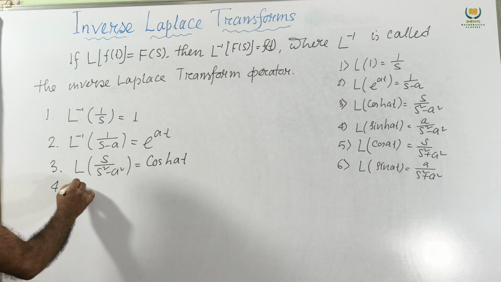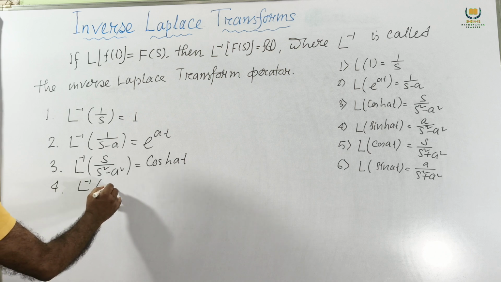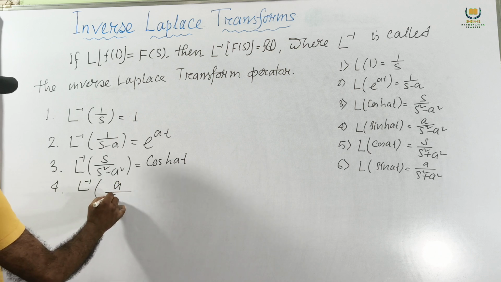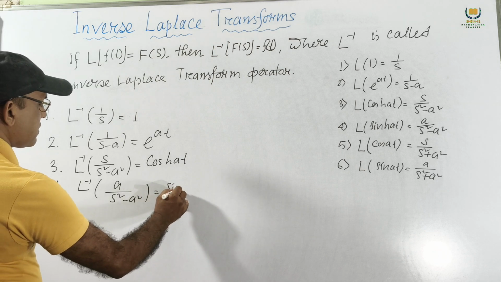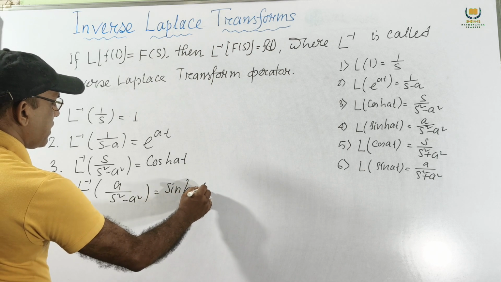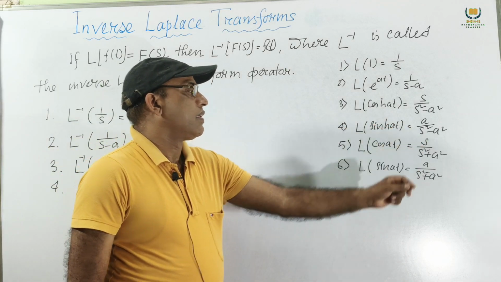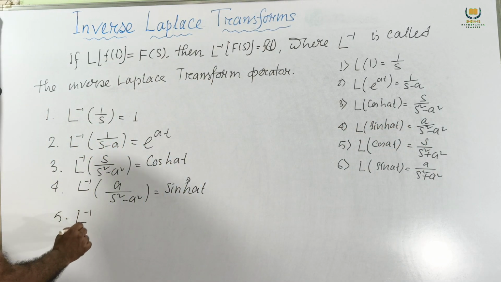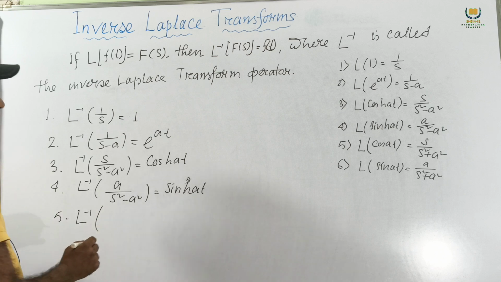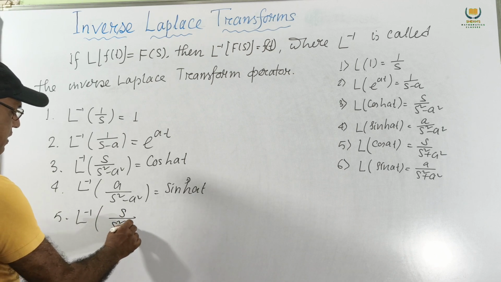Number 4, L inverse a by s square minus a square. This is sin hyperbolic at. This formula. Again, number 5, L inverse s by s square plus a square.